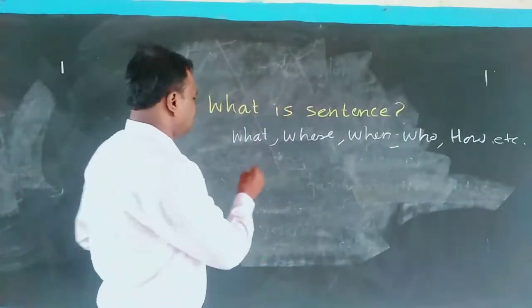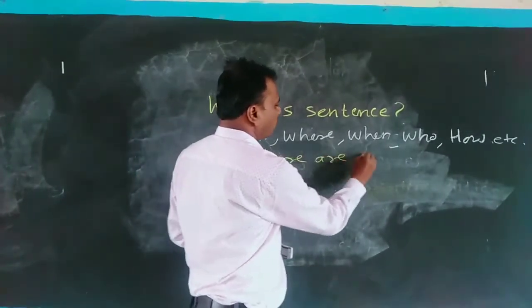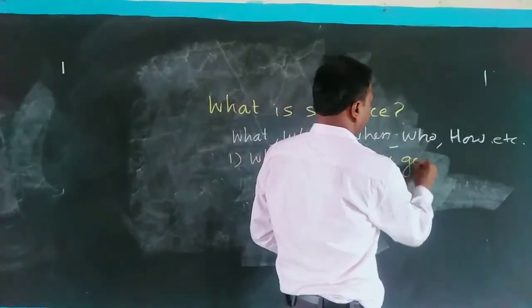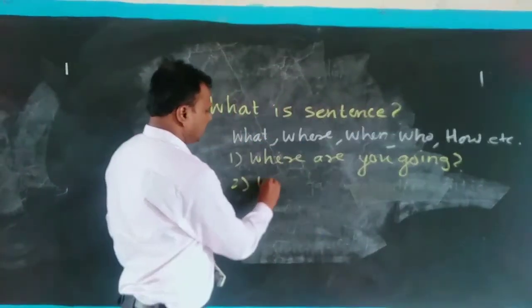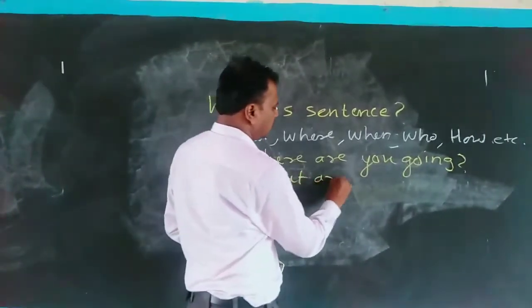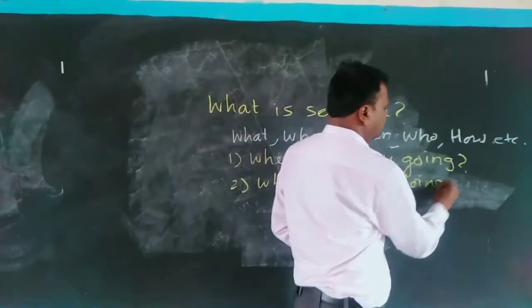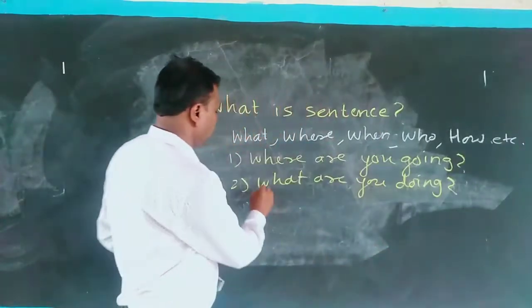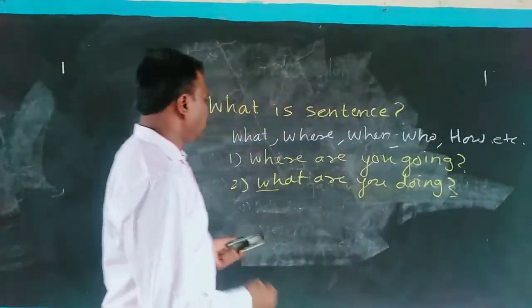For example, where are you going? What are you doing? These are sentences which begin with WH words and end with a question mark. This is called WH questions.